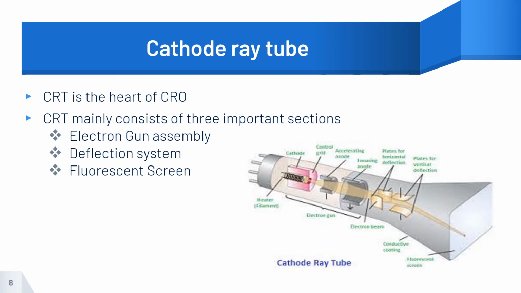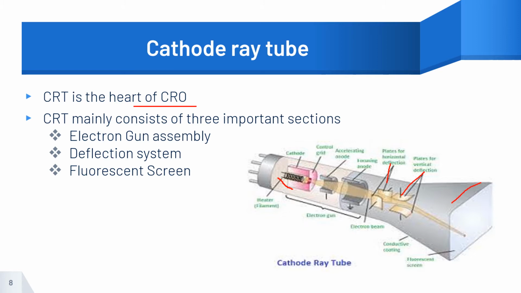Now let us see the function of each and every block. The cathode ray tube is the heart of the CRO. CRT mainly consists of three important sections. The first one is the electron gun assembly. The second is the deflection system; these are the vertical deflecting plates and this is the horizontal deflecting plates.